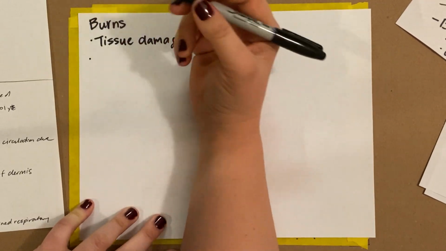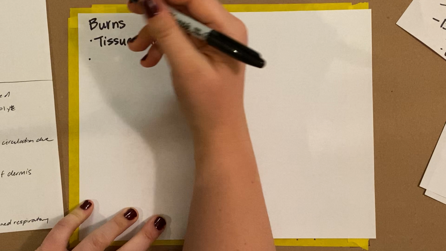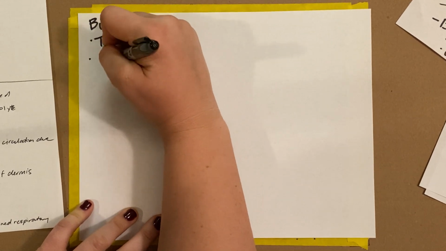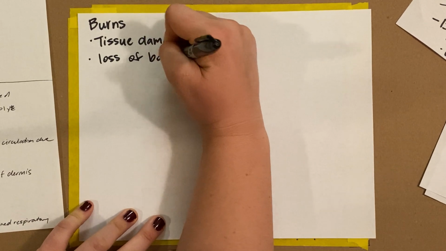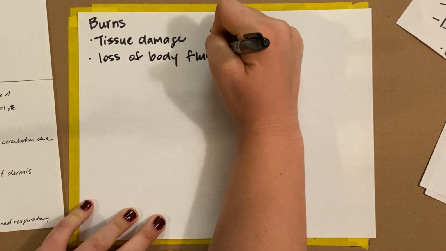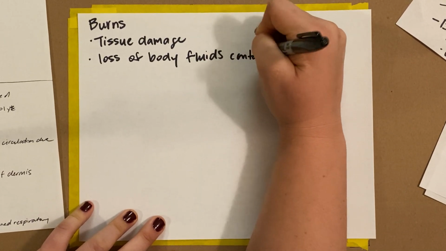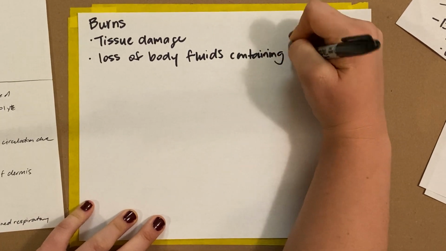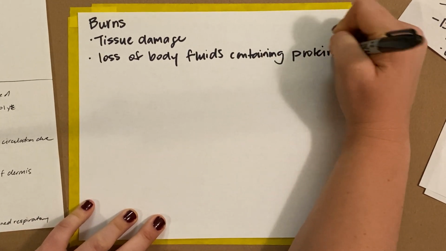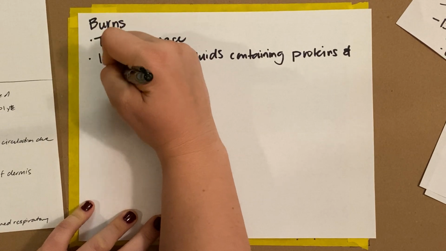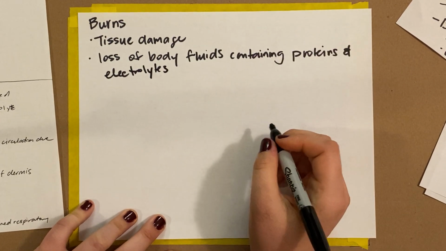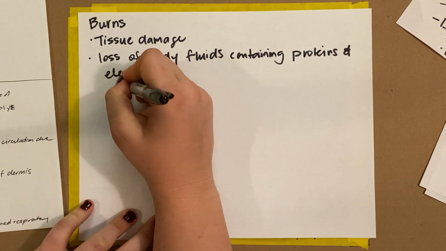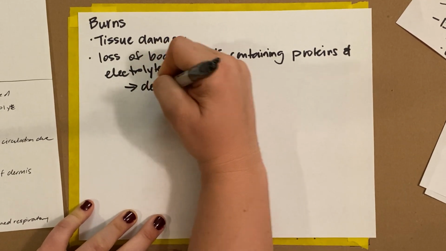And one of the most dangerous parts of burns is that you are going to have loss of body fluids containing essential proteins and electrolytes. Okay, so this can cause dehydration.